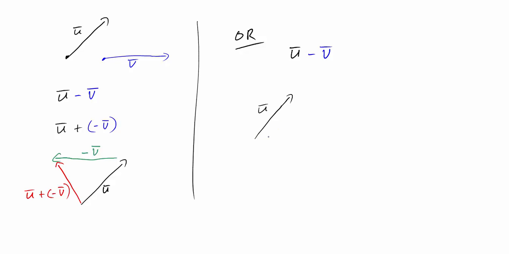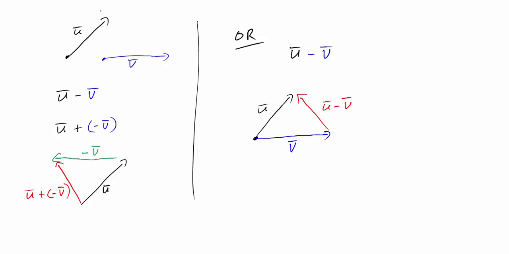So that means if that is u, then we would connect the tail of u with the tail of v. So here is v. So for the subtracting part, we would connect the head of v, which is the terminal point, with the terminal point of u, and this will give us u minus v.